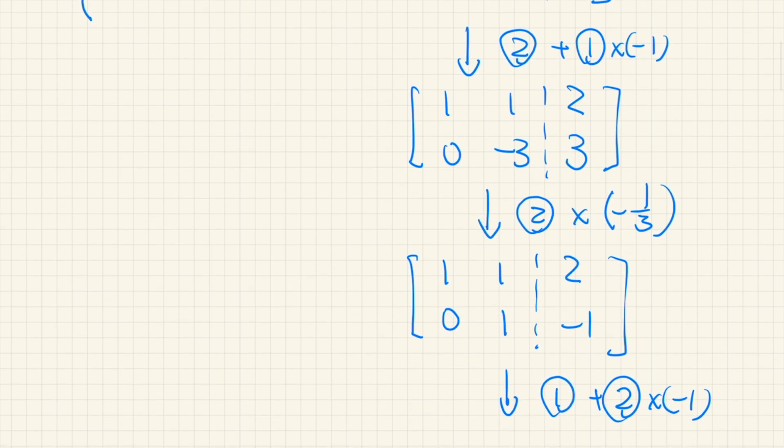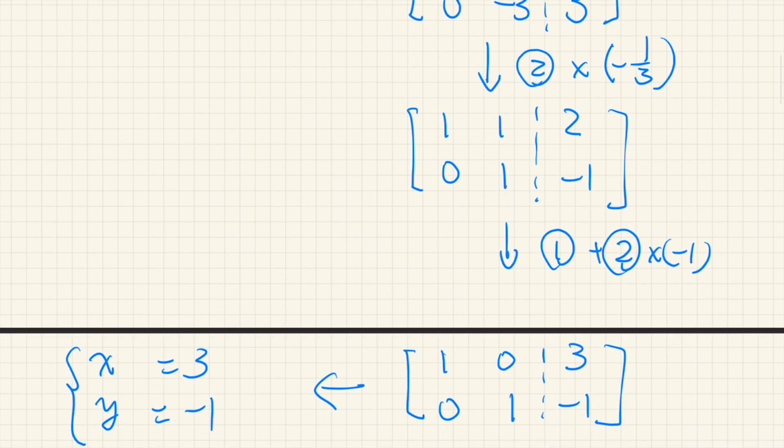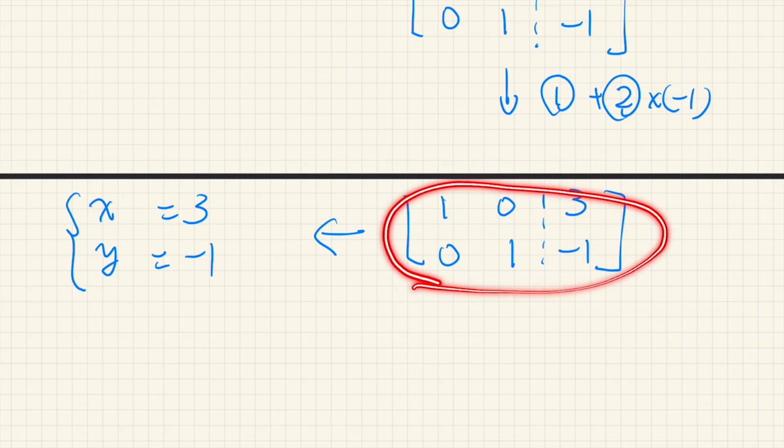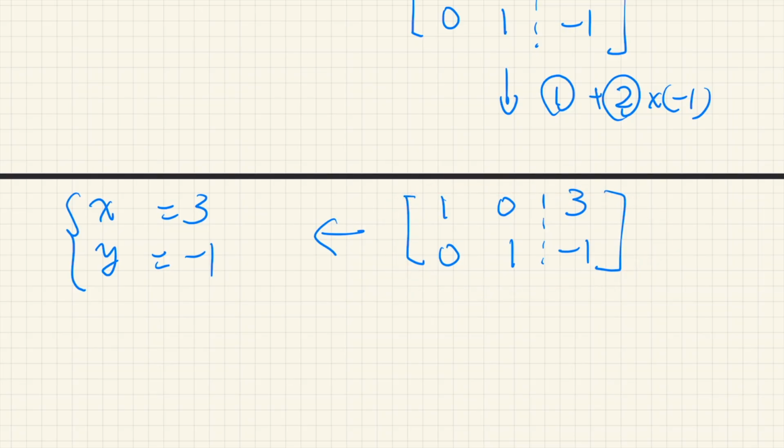And to this, let's multiply the second row by -1/3, and we get this. Then add to the first row the second row times -1, then we get this. So this is the reduced row echelon form of the original augmented matrix, from which we get these solutions. In this case, the solution is unique. We have x is 3 and y is -1.